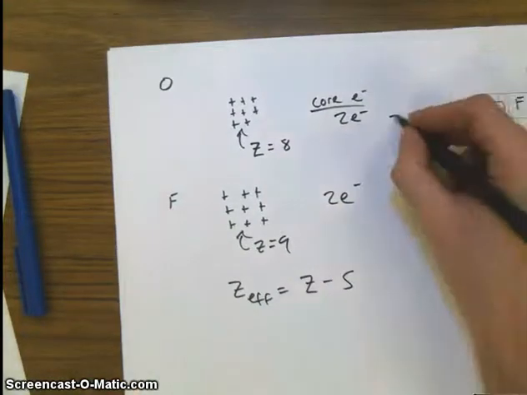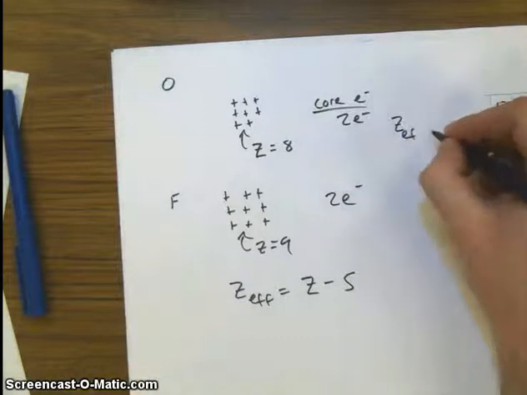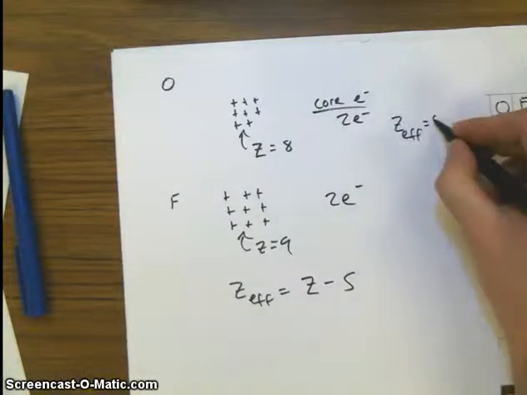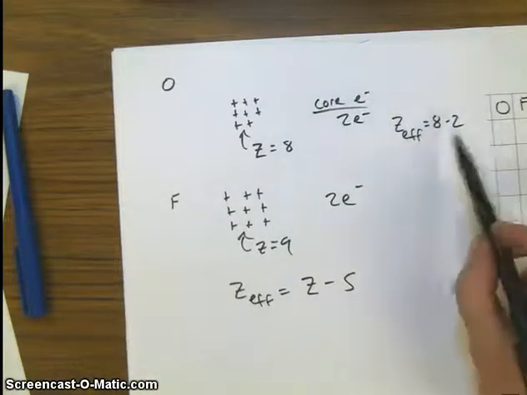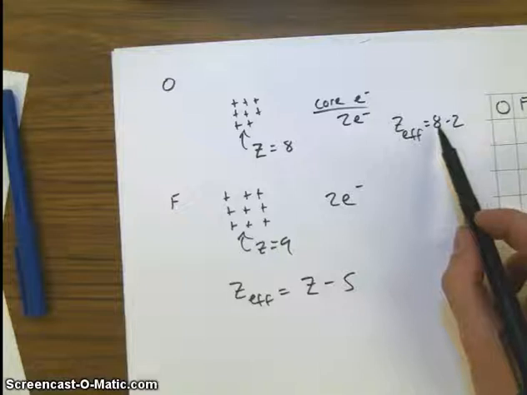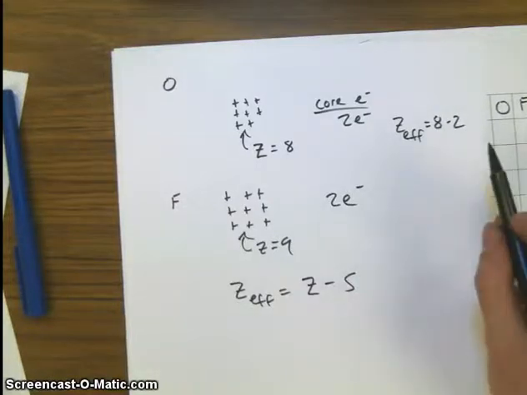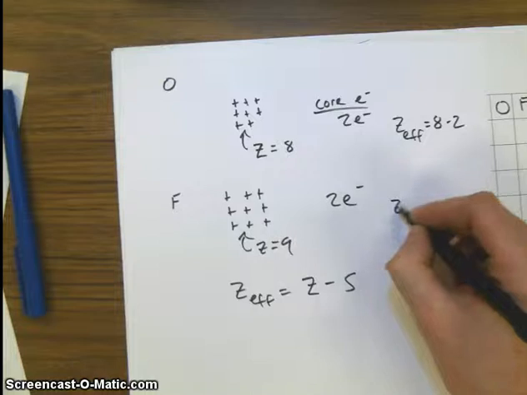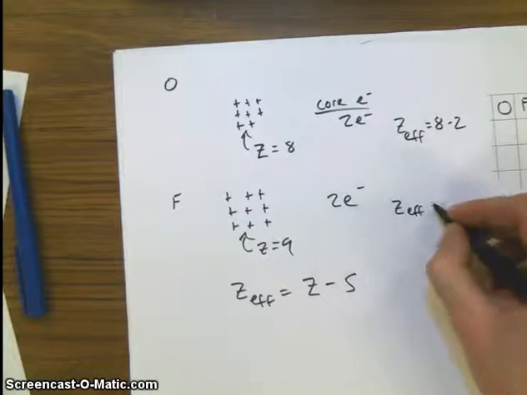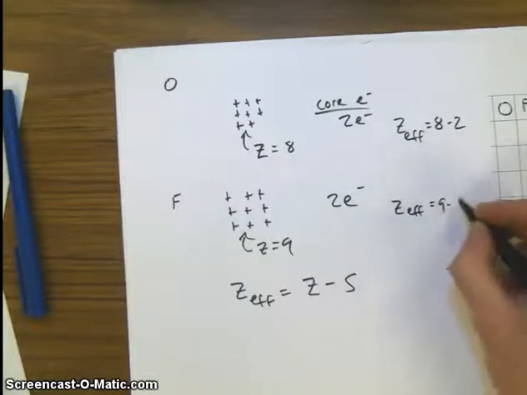So for oxygen, the effective nuclear charge would be 8 minus 2, which is the number of protons in the nucleus minus the core electrons. For fluorine, it would be 9 minus 2.